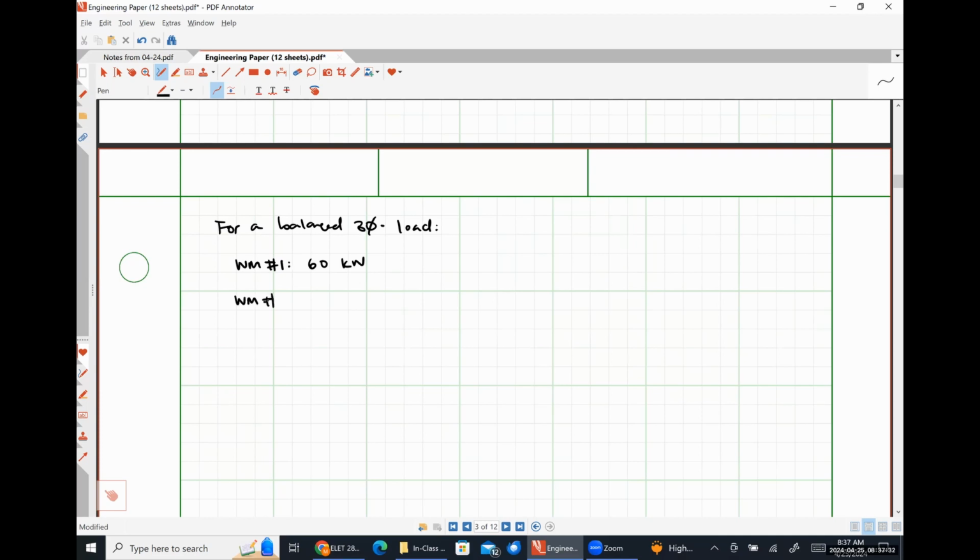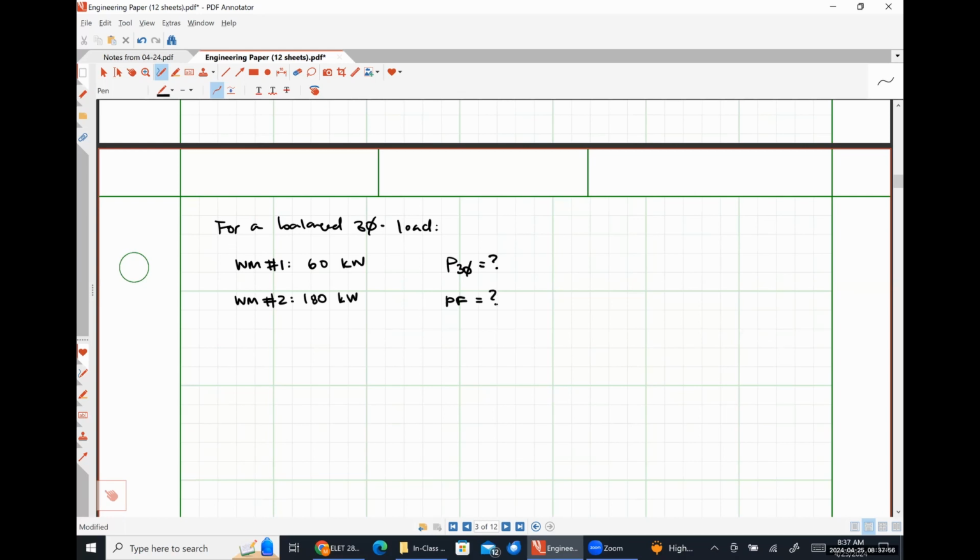And wattmeter number 2 reads 180 kilowatts. I want us to find the total three-phase power as well as the power factor at which the load operates.